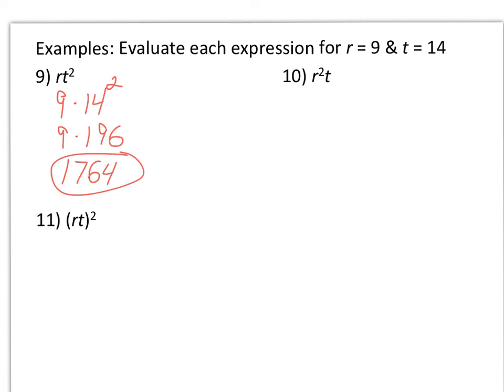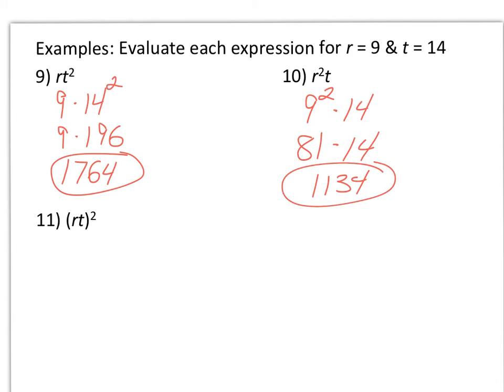Number 10, r squared times t, or 9 squared times 14. 9 squared is 81 times 14 gives us 1,134. And last but not least, number 11. All right, substitute in first. So r is 9, t is 14, and we're going to square that.